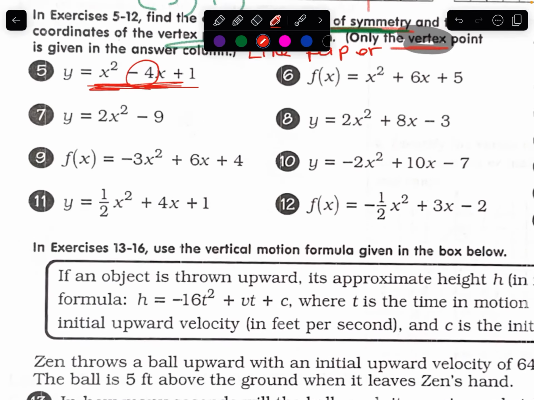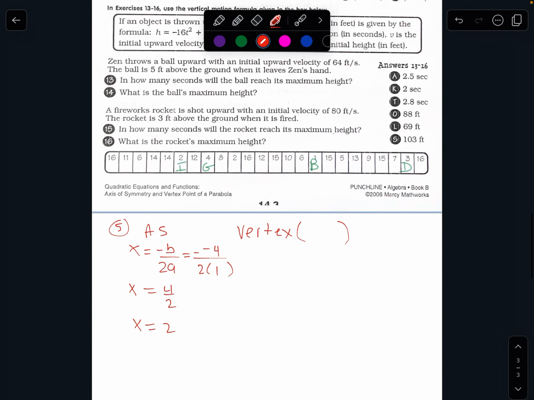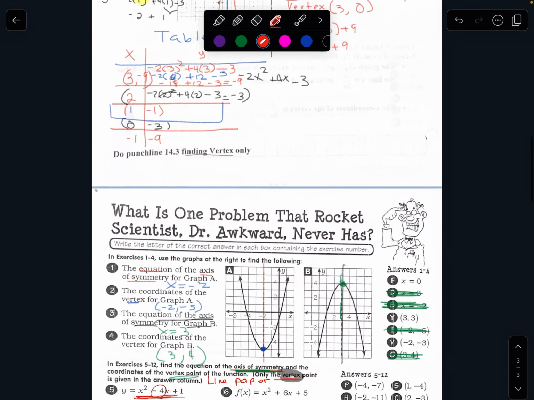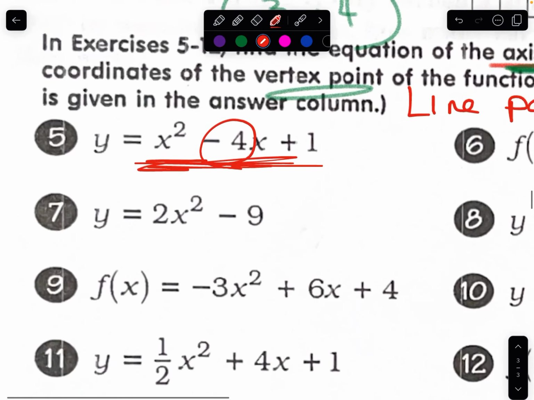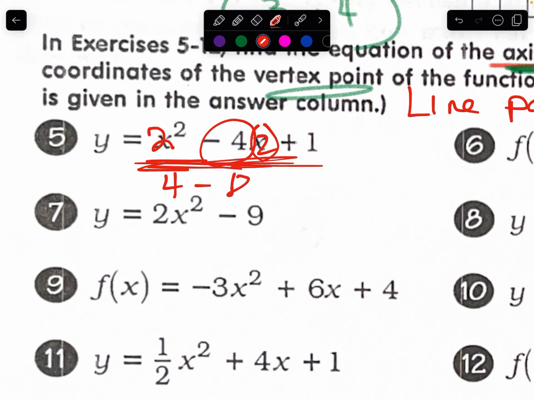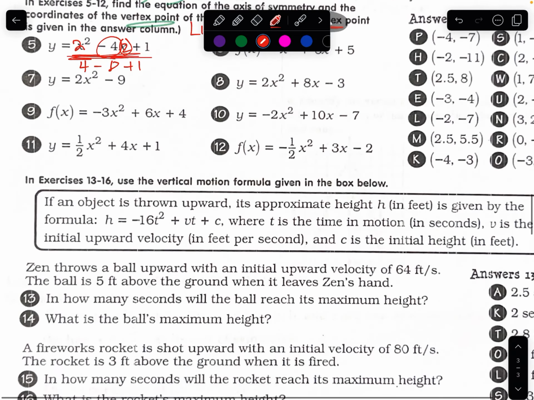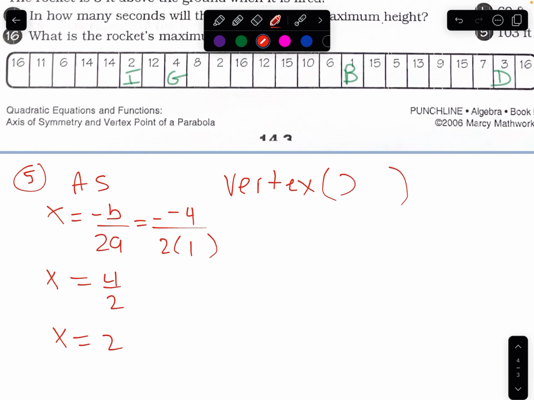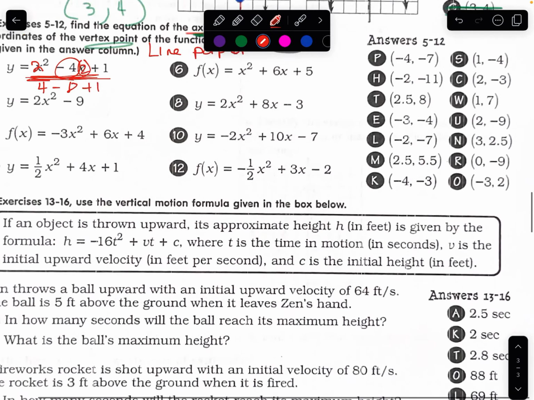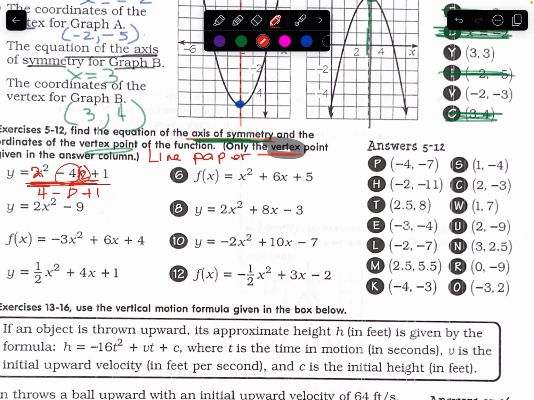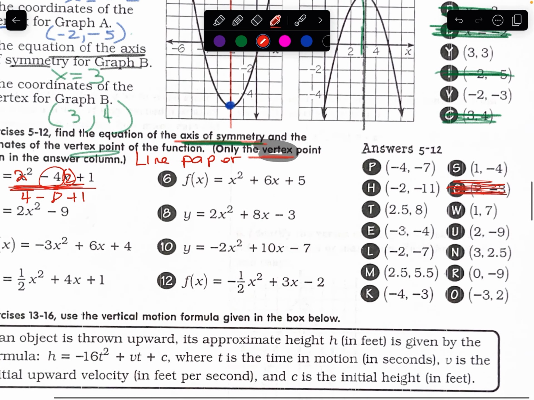Put x in there: 2 squared minus 4 times 2, that's 4 minus 8 plus 1, that's 5 minus 8 is -3. So the vertex is 2, -3. Check your answer if it's right. So number 5 is letter C.